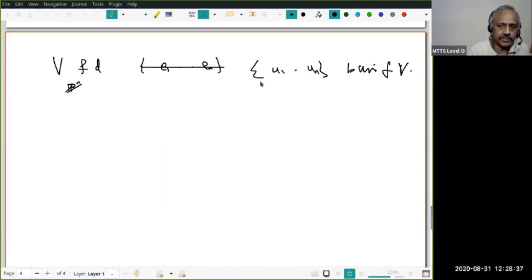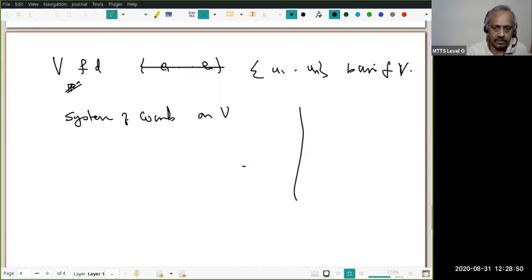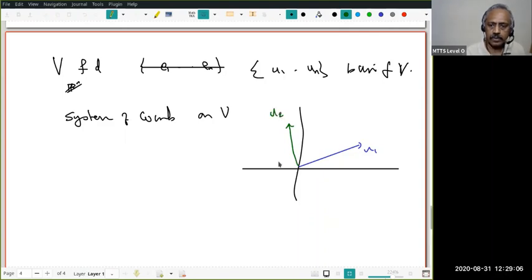The moment you introduce a basis, a system of coordinates is introduced on V. How is it done? Again, let me just look at it geometrically. Suppose this is my U1 and this is my U2. They look orthogonal, but that's not necessary.